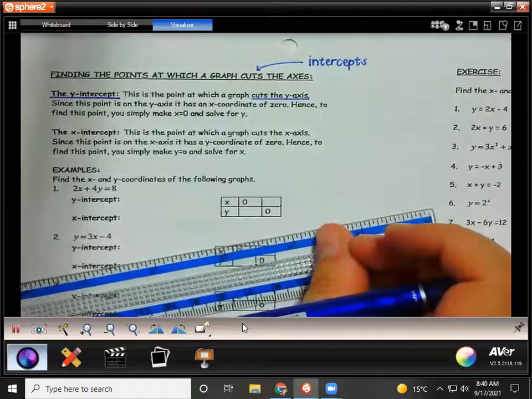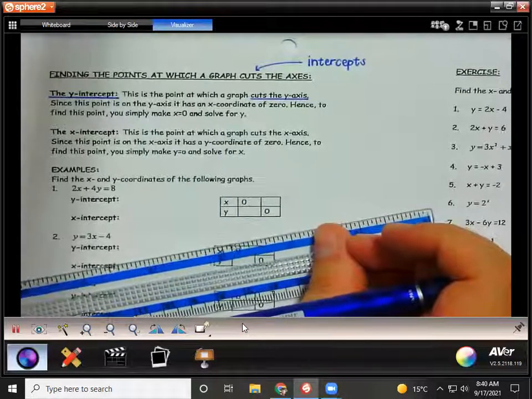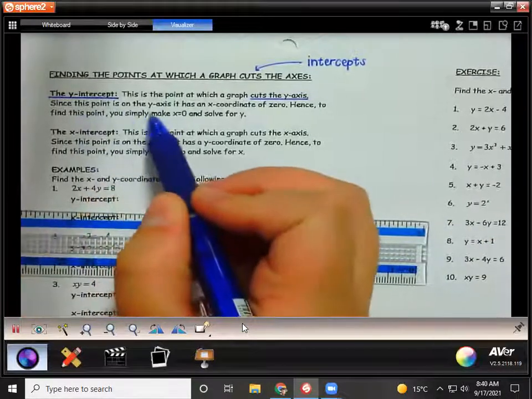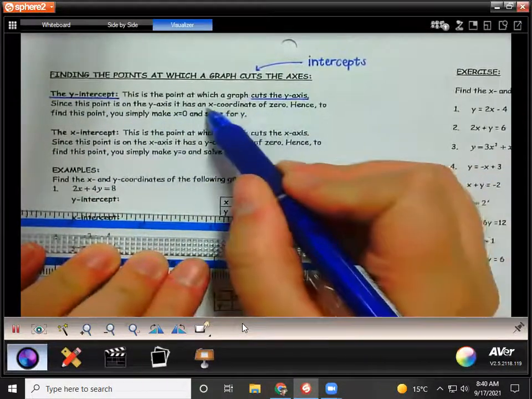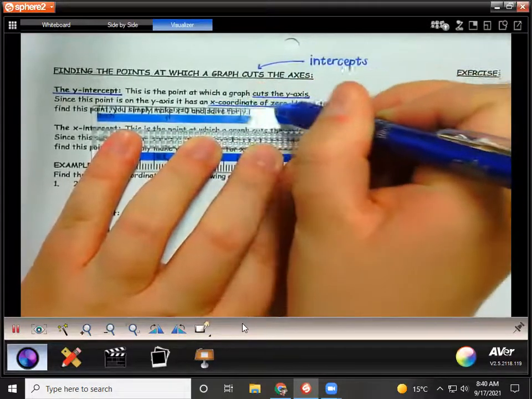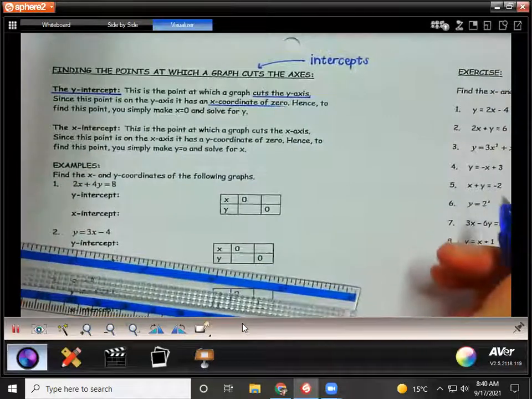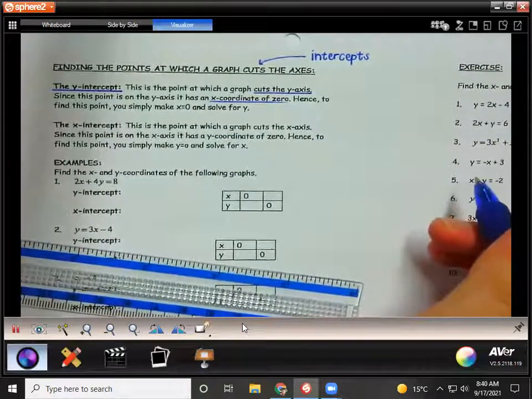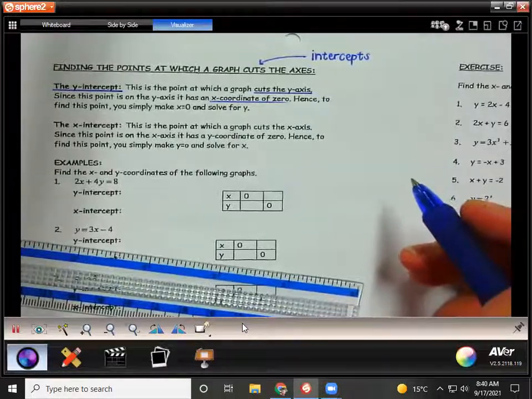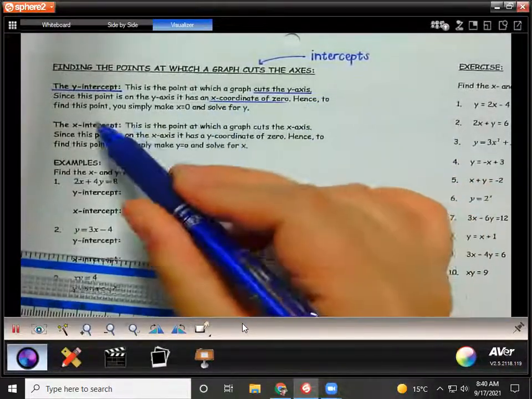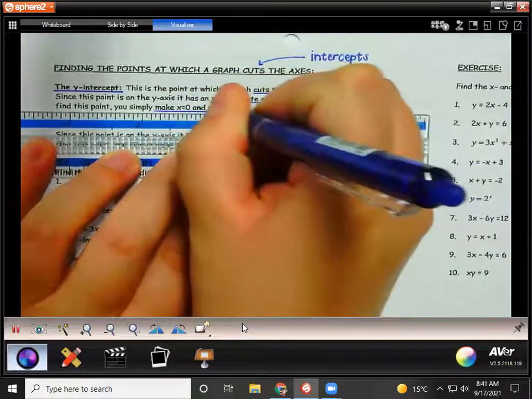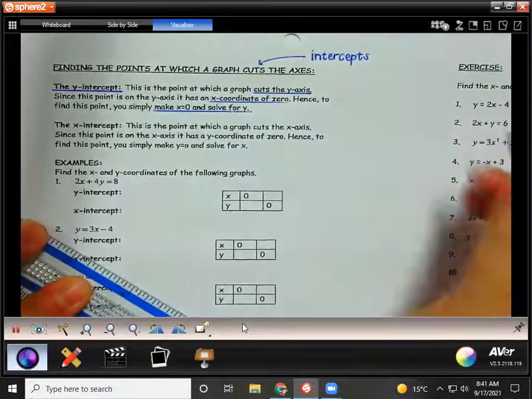Does that make sense? The y-intercept is where the line goes through the y-axis, that point. Since this point is on the y-axis, it has an x-coordinate of 0. That is important. Let's underline that, please. A y-intercept always has an x-coordinate of 0. Hence, to find this point, you simply make x equal to 0 and solve for y.